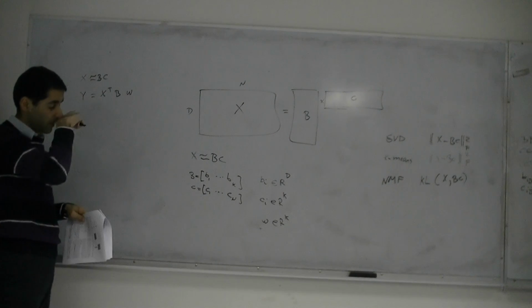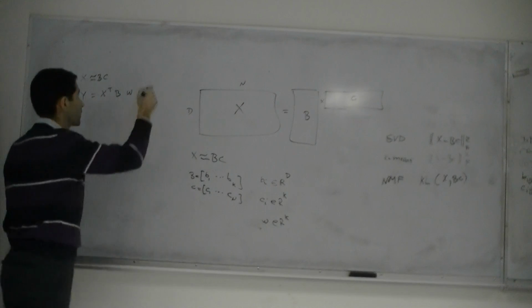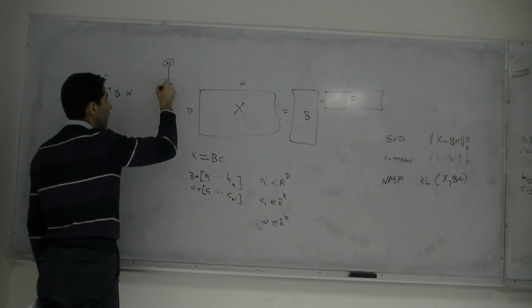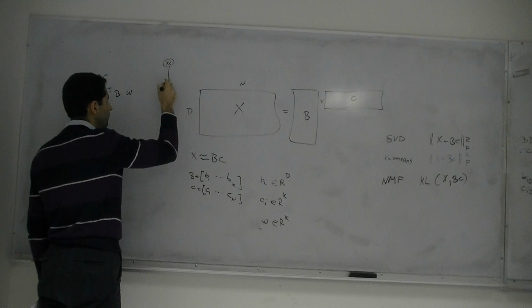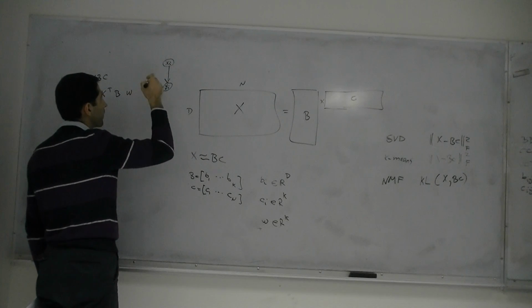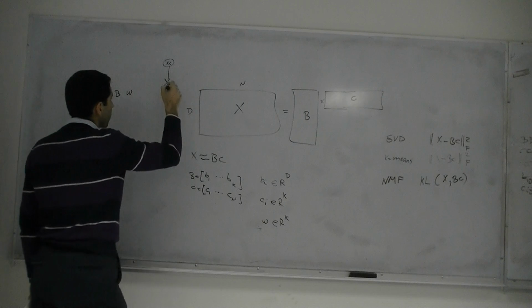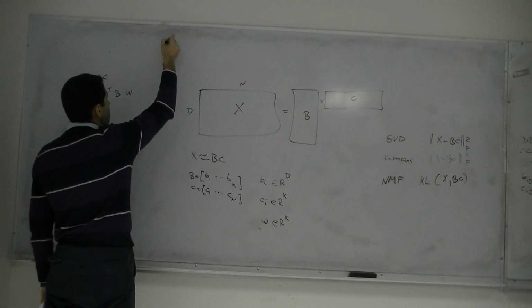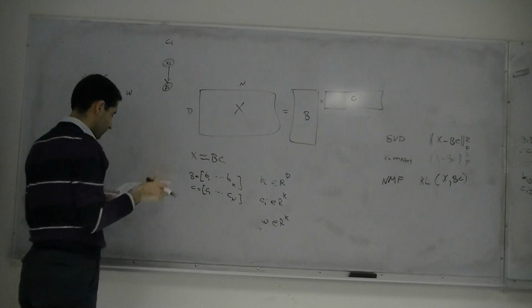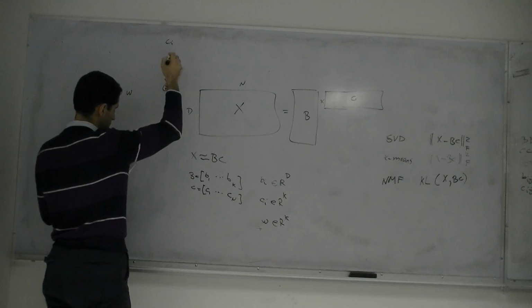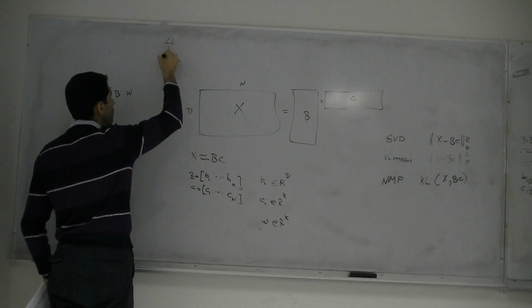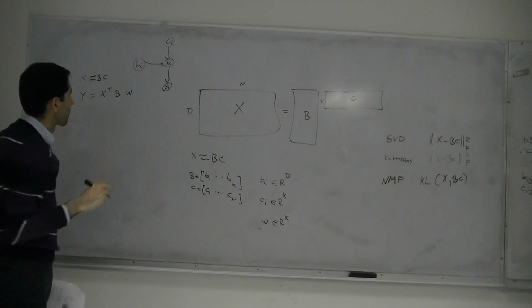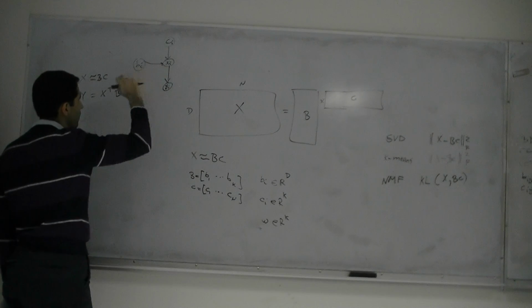Y is the label. For example, we have X_i and we know the label of that, which is y_i. The multiplication of C_i and B_i creates x_i.